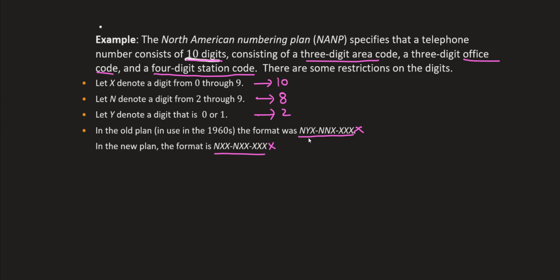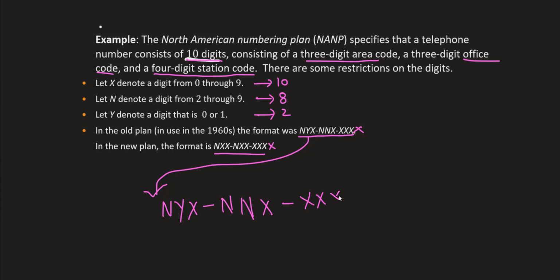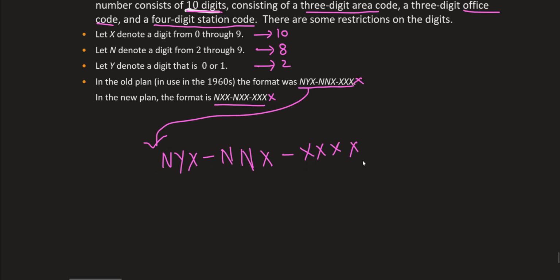Now let's have a look at this one. If we have to generate a telephone number using the old plan, then the entire procedure has 10 tasks, and the format is N, Y, X, N, X, X, X, X, X, X. Now we have to look at how many ways we can represent each task.